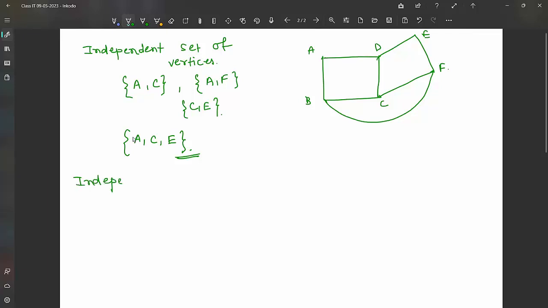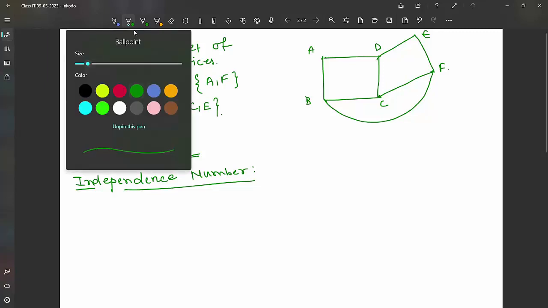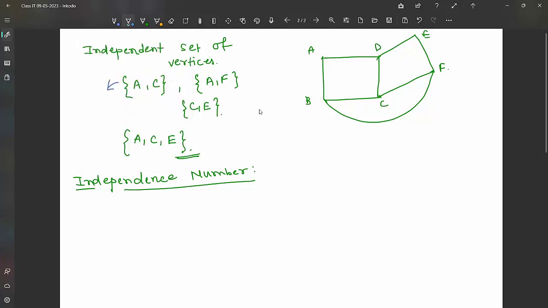And this number is called the independence number. This is another term. What is the independence number? The independence number is the cardinality of the largest independent set. So here the cardinality of this set is 2, this set has cardinality 2, this also has cardinality 2, but this has cardinality 3.